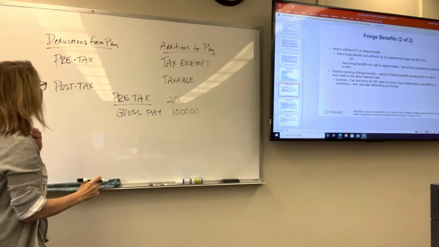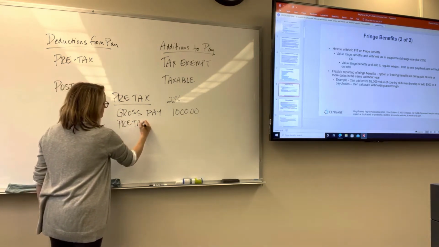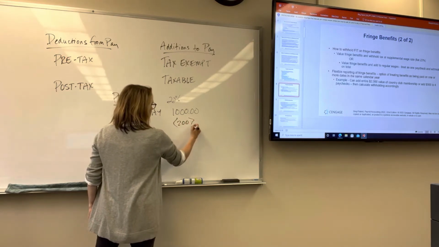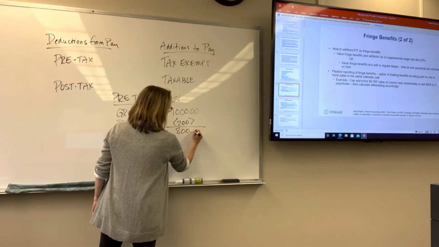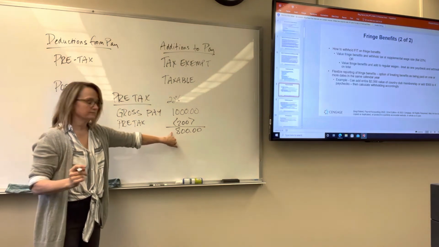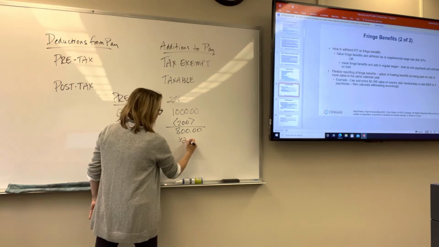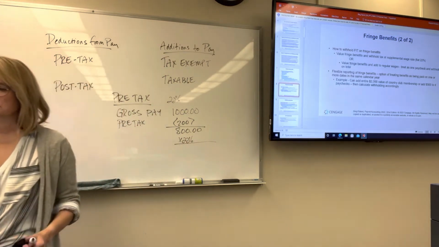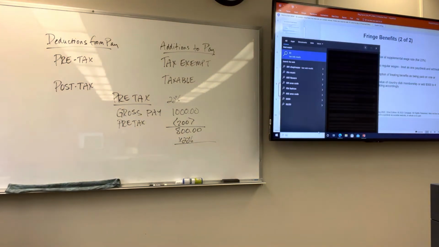Pre-tax deductions would mean that we subtract that deduction before we calculate the tax, and this becomes our taxable amount. So 800, if we were using the 22% rate. I'd probably do that in my head, but let me.